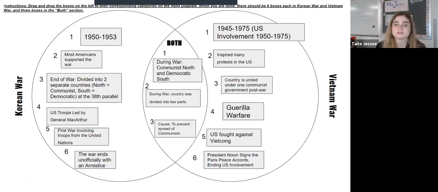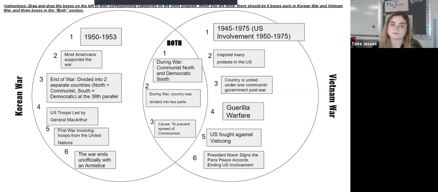It inspires many protests, especially because of the draft. Hopefully you talked about the draft in your class. The draft is where young U.S. men, when they turned 18, were eligible to be called on for the military. And during Vietnam, that was highly controversial.